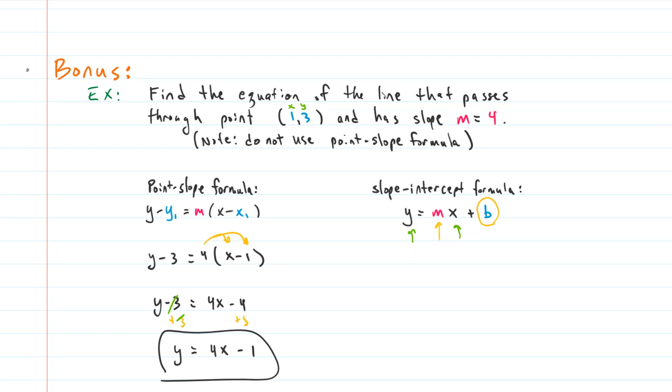So we know that the point we have is 3, and we have equals, the slope is 4, and it's multiplied by the x value we have, which is 1, and then we have the plus b.